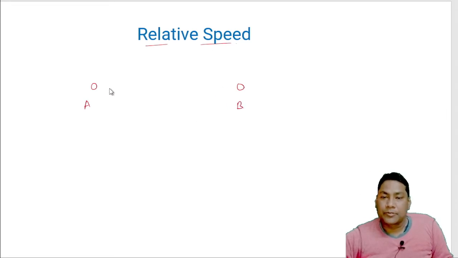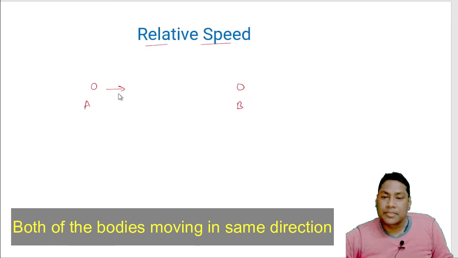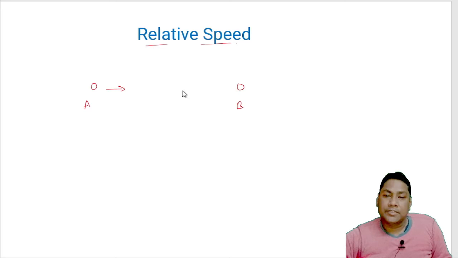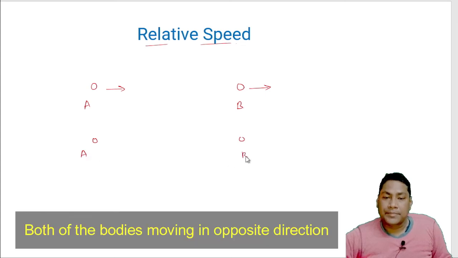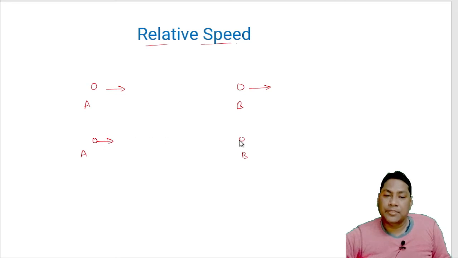First, both bodies are moving in the same direction, meaning A is moving towards the right side and B is also moving towards the right side. Another case: the two bodies A and B are moving in opposite directions, meaning A moving towards B and B moving towards A.